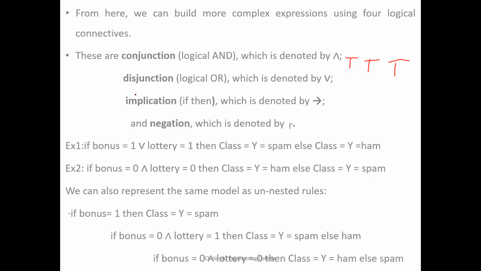Similarly, what is the logical OR? Logical OR means if one of the elements is true, the output is true. That is, true or true, true. True or false, true.